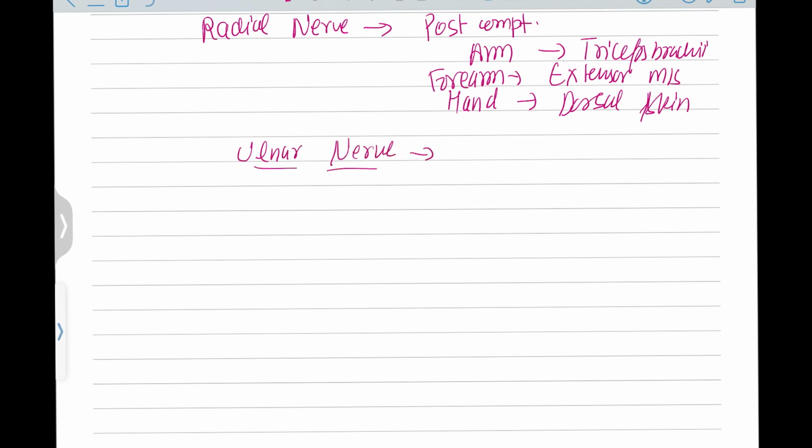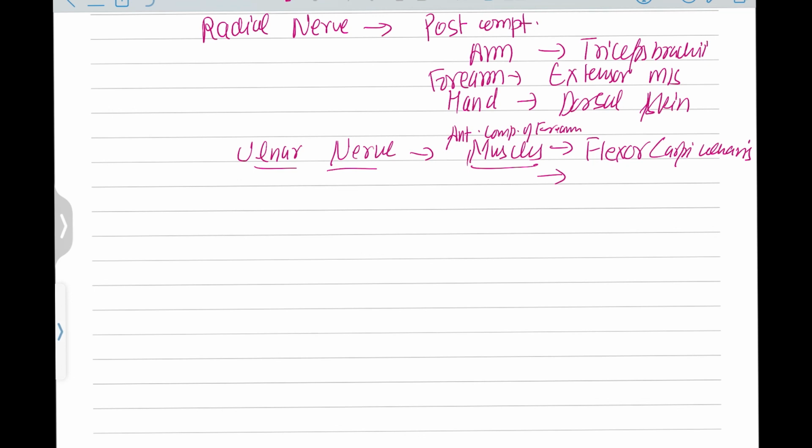The ulnar nerve is going to supply muscles. There are two muscles I have already told you, in the anterior compartment of your forearm: flexor carpi ulnaris, and also flexor digitorum profundus. See, the ulnar part of your forearm and hand is supplied by two nerves, the median and the ulnar nerve.